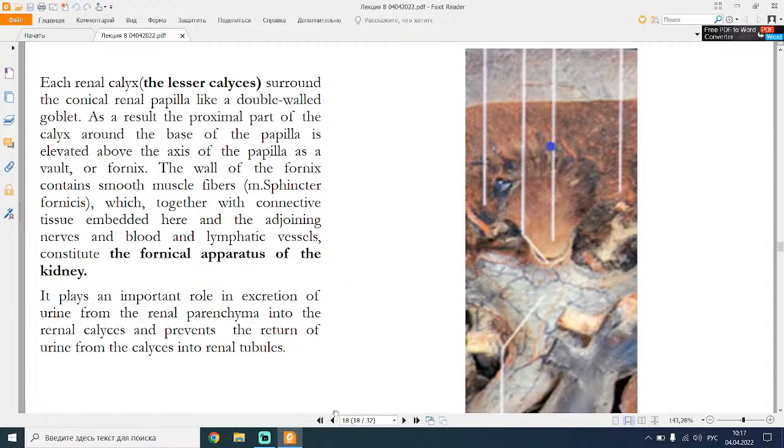Each renal calyx, the lesser calyces, surrounds the conical renal papilla like a double-walled goblet.